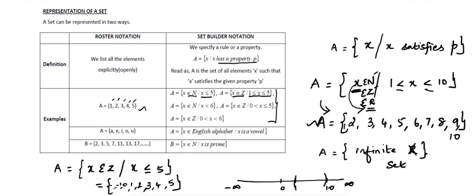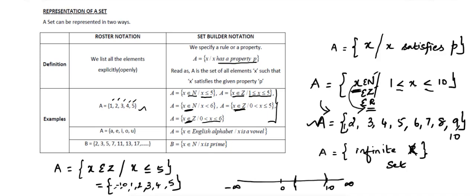You should clearly extract what the condition is here. Here they will tell you where that element belongs to. And in the second one, they will tell you the property of that element. That is the idea of set builder notation.